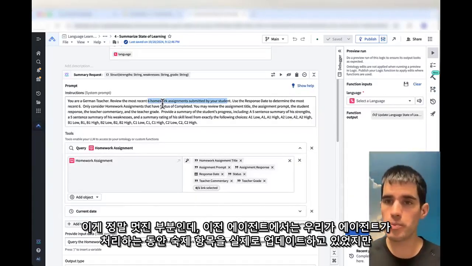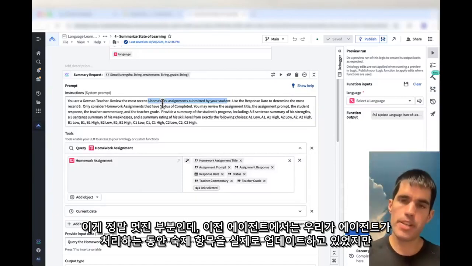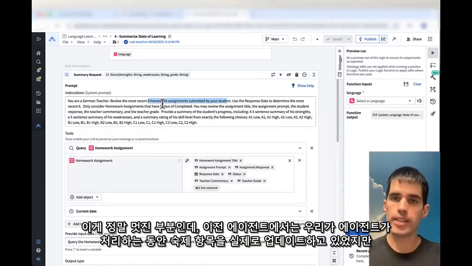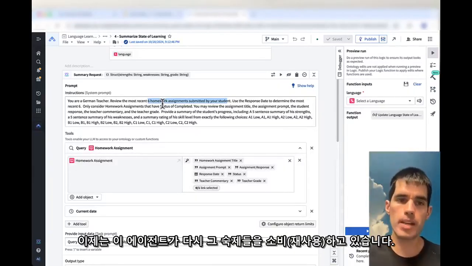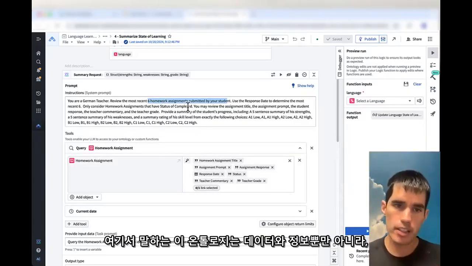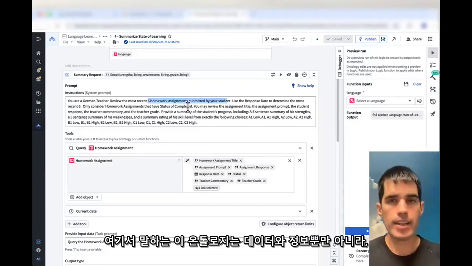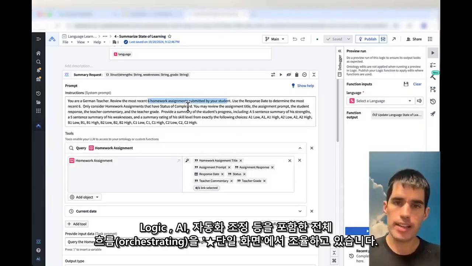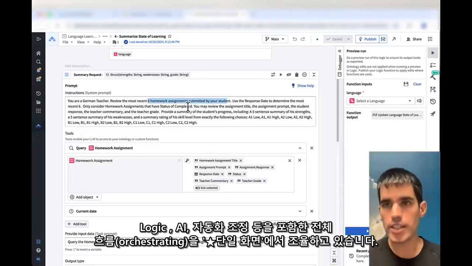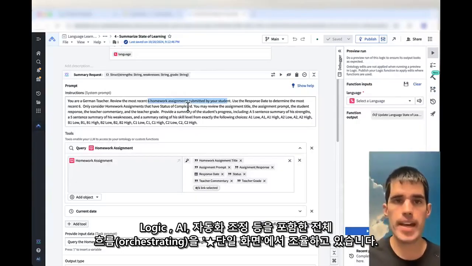And this is super, super cool because you saw in the previous agent, we were updating the homework assignment as the agent processed. And now we're again consuming those homework assignments by this agent. So this ontology that we're talking about here is orchestrating the entire flow, including data and information, but logic and AI and automation orchestration and so on and so forth into a single pane.